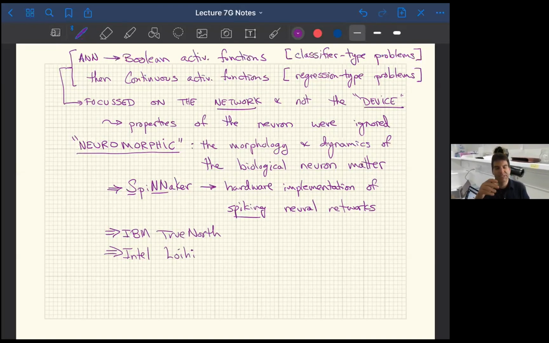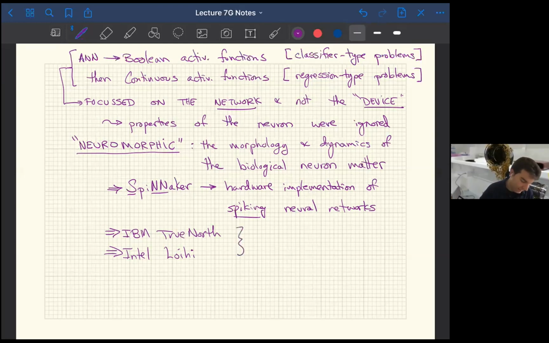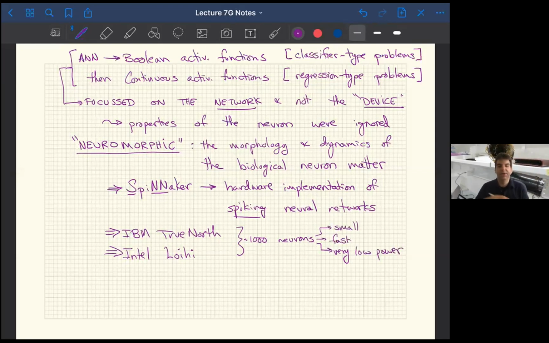You're still at the level of, say, 1,000 neurons or so. But they are approaching sizes and scales where they are small, fast, and very low power. The idea is you could possibly deploy some of these hardware systems on the fly.